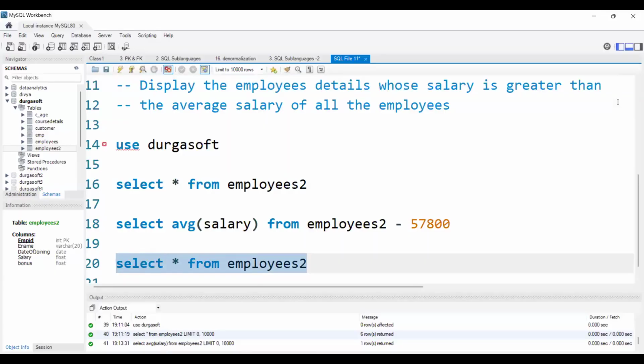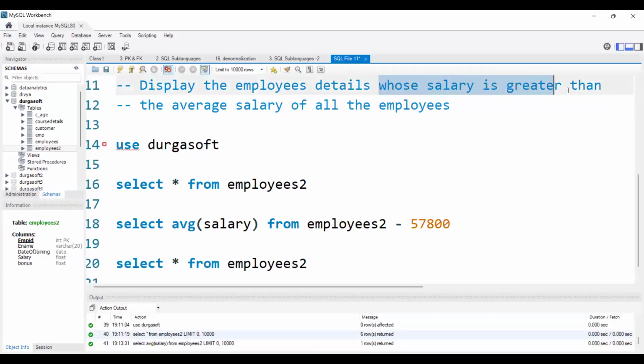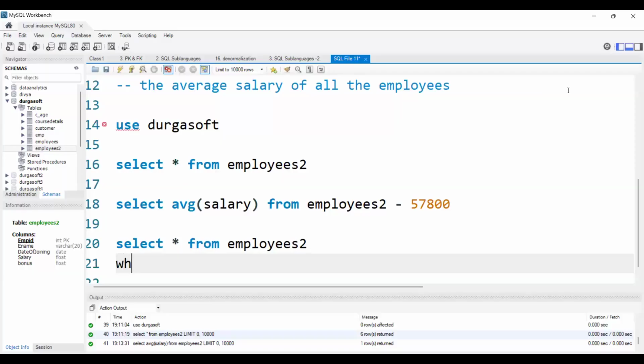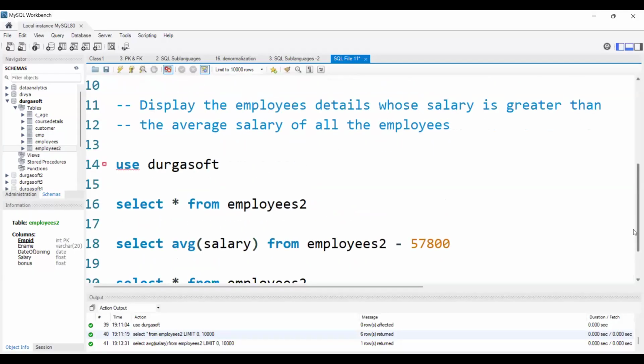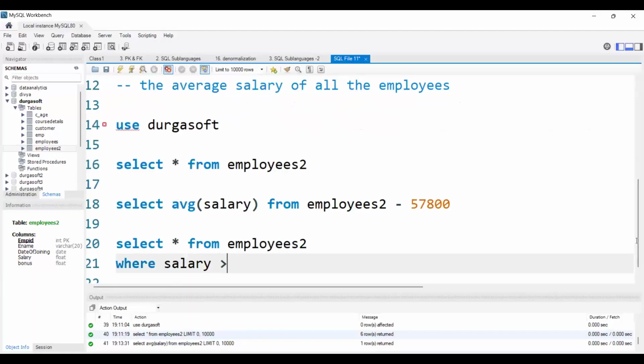And what condition are we asking? Whose salary is greater than the average salary. For that, obviously we will use the where clause to write the conditions. So I can say where salary is greater than 57,800. Okay.